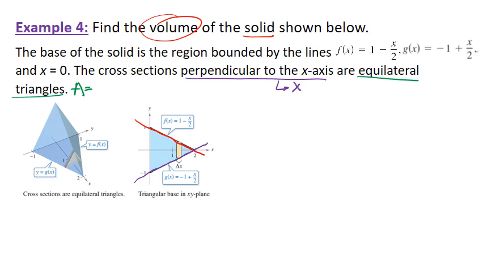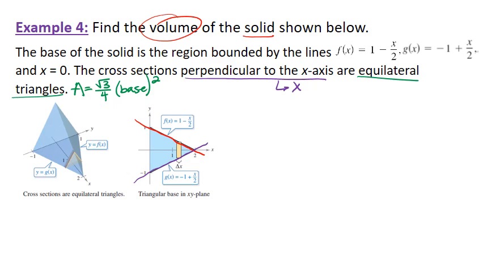If this is an equilateral triangle, the area is found by taking the square root of 3 over 4 times the base squared. If you don't know that and you're worried, don't worry, just look it up. You will see that these shapes are all going to be the same ones over and over.